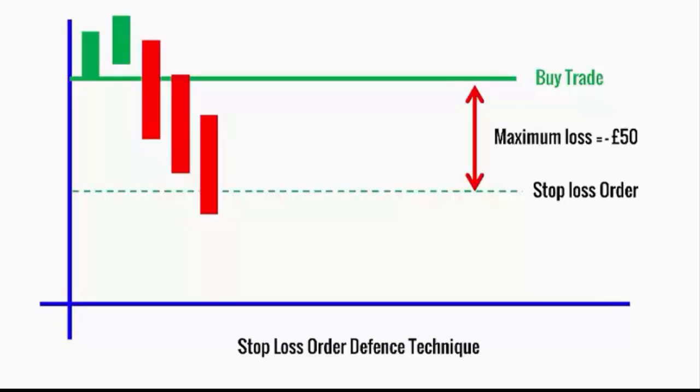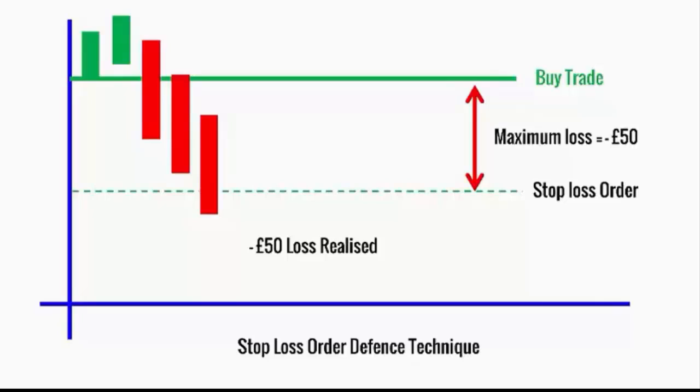We would have entered this buy trade, we would have decided how much pain we're prepared to take on it, put our stop-loss order in place, and lo and behold, the trade goes against us, and we have realised a £50 loss. The idea from people that use stop losses a lot is that they would take profit more frequently than they would take losses, and they would take bigger profits compared to the size of the losses they would take on each occasion.